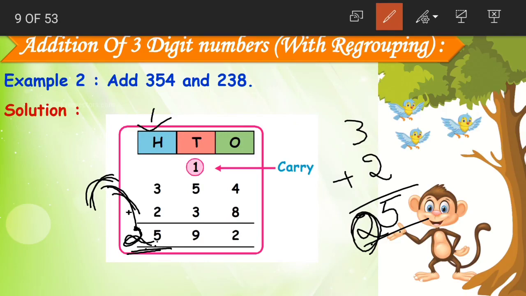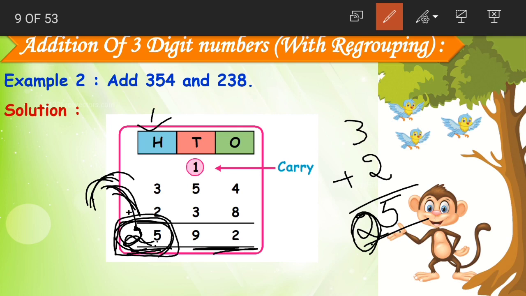Okay. When you do not have anyone to share with, what will you do? You will eat the whole thing by yourself, right? In the same way, there is no place value here to carry forward. So we wrote both the numbers here only.